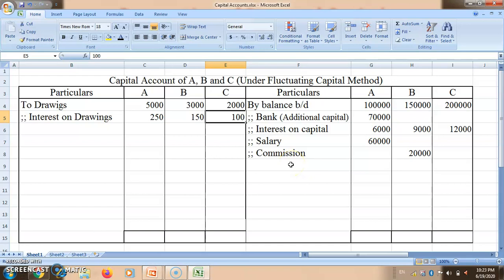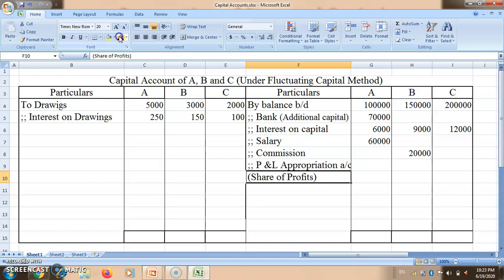So we will write here profit and loss appropriation account. For understanding purpose, you can write in brackets "share of profit". If it is a share of loss, it will be on the debit side. For A, how much profit? What was the total? 1,50,000.